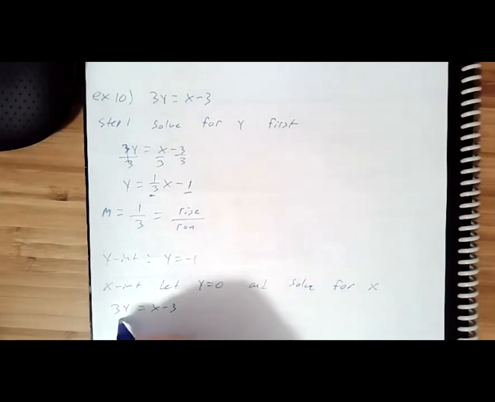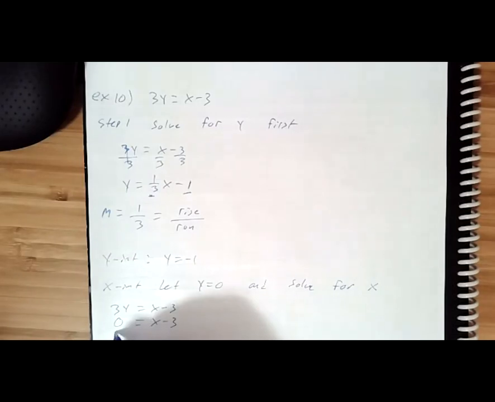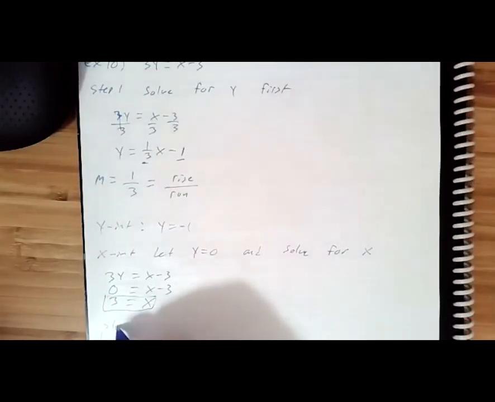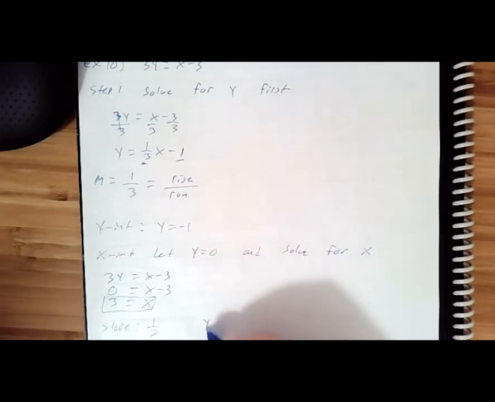So this becomes 0. I add 3 over. So this is my x-intercept. So they wanted the slope. They wanted the y-intercept.